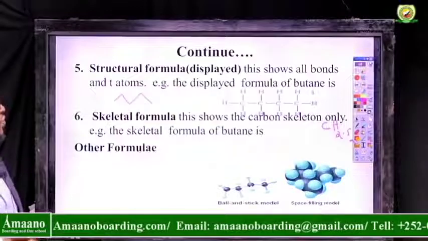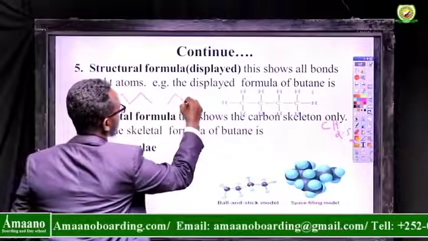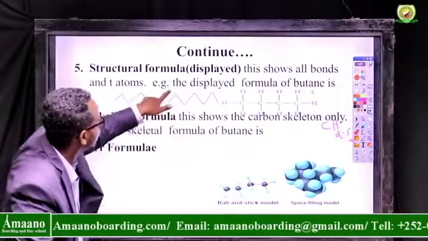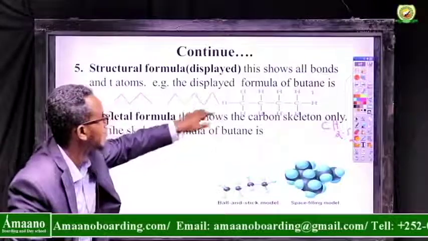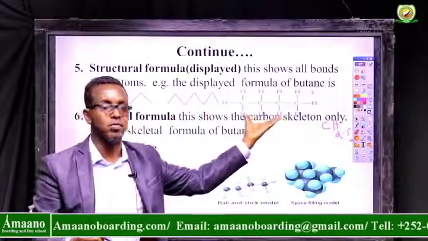What about 7? 1, 2, 3, 4, 5, 6, 7. You are showing only the carbon atoms, so we don't get the number of hydrogens.